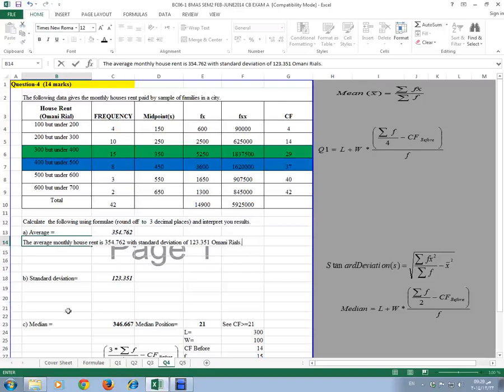So this one is the interpretation for the average and the standard deviation.